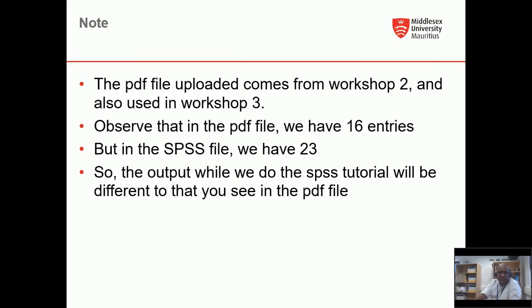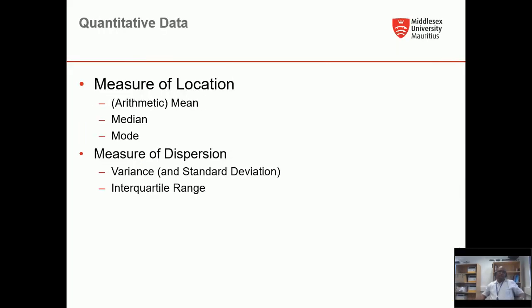Right. Now, what we want to discuss in quantitative data would be two things, measure of location and measure of dispersion. I'm not here basically to teach you about mode, mean, median, and so on. I hope that some of you would know about these definitions, but if you do not know, then please get a book. They're very easy.